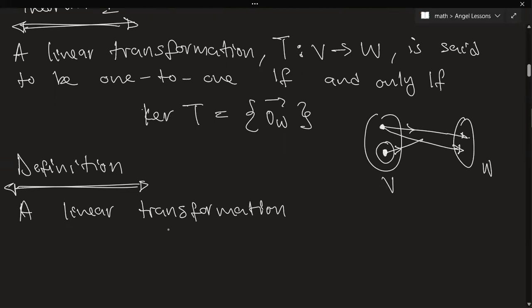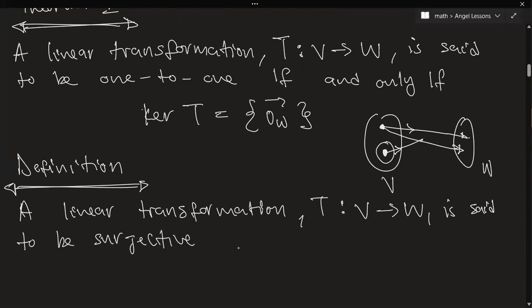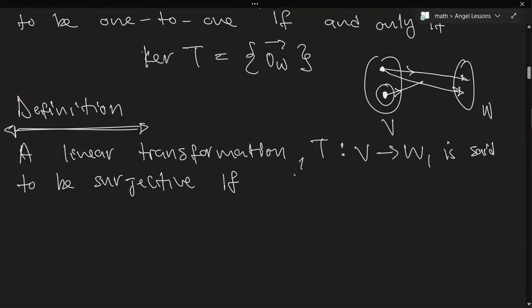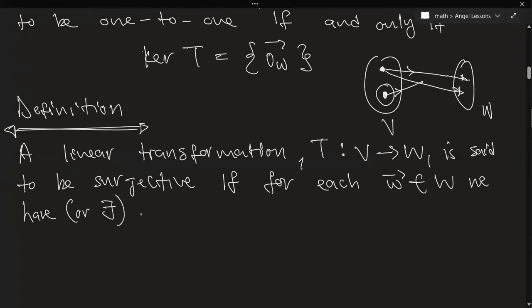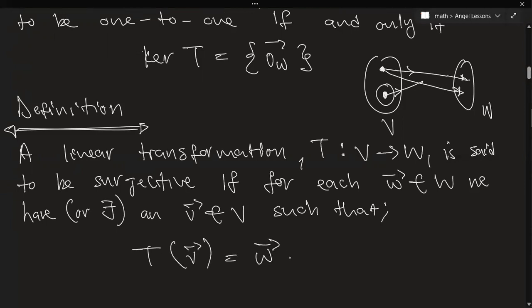So now a linear transformation T from V to W is said to be surjective if for each w, an element of big W, there exists v, an element of big V, such that T of v is equal to w.